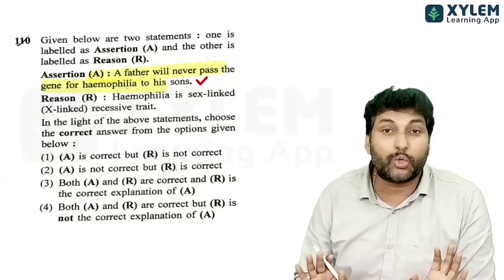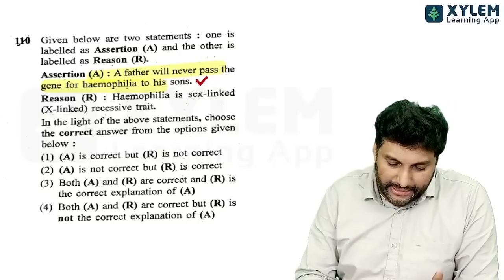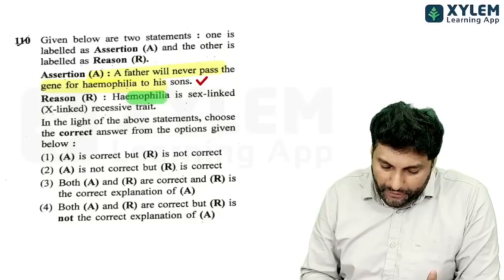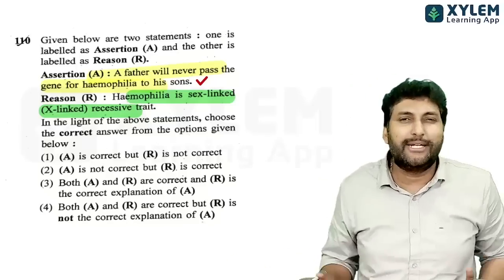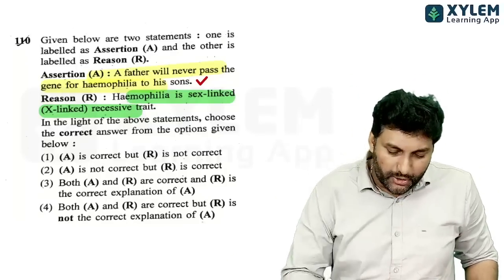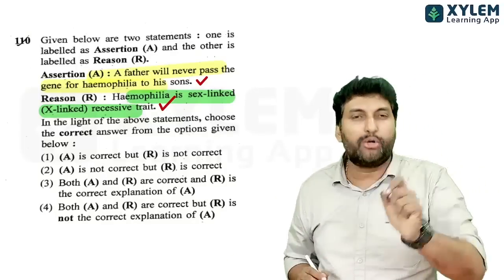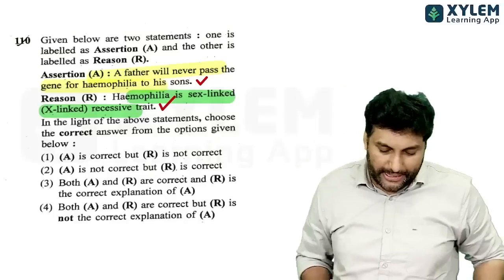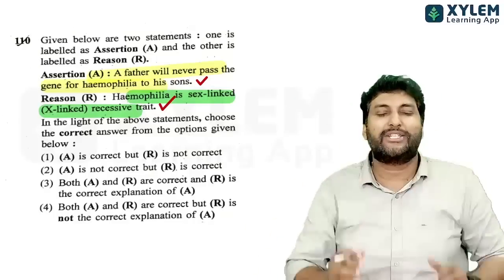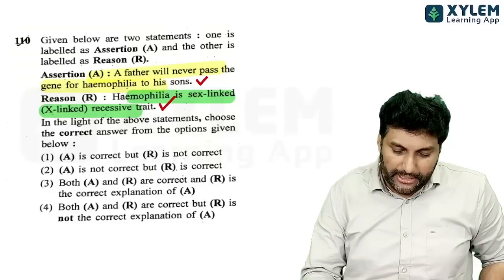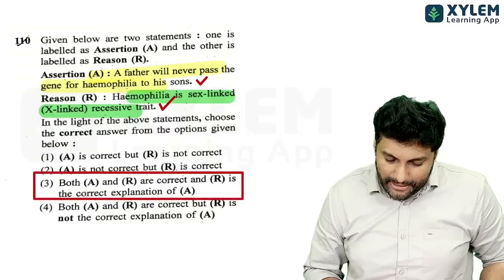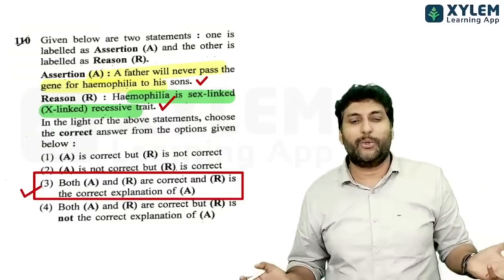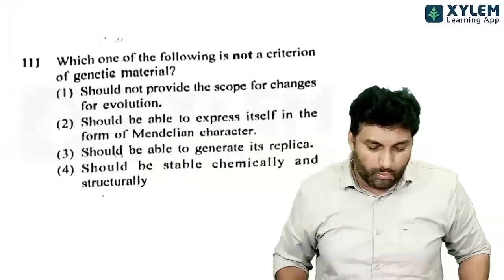So this statement is true. The reason says that hemophilia is a sex-linked recessive trait. That is a true reason. So both assertion and reason are correct, and the reason is the correct explanation of the assertion. So option number 3 is the right one. Is it okay? Let's move to the next question.